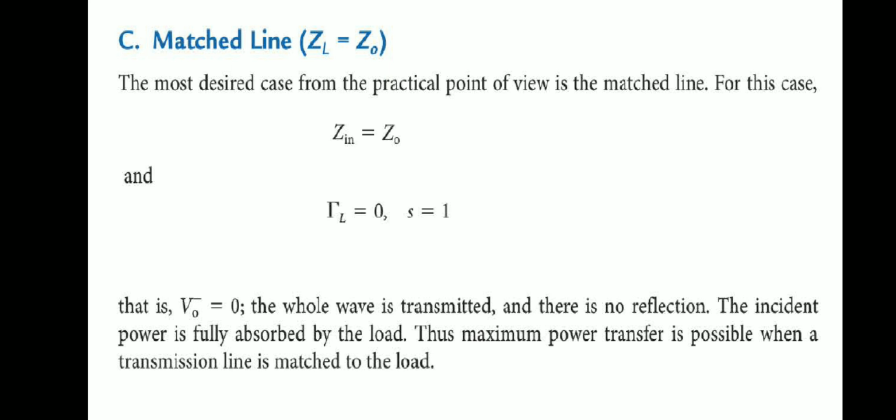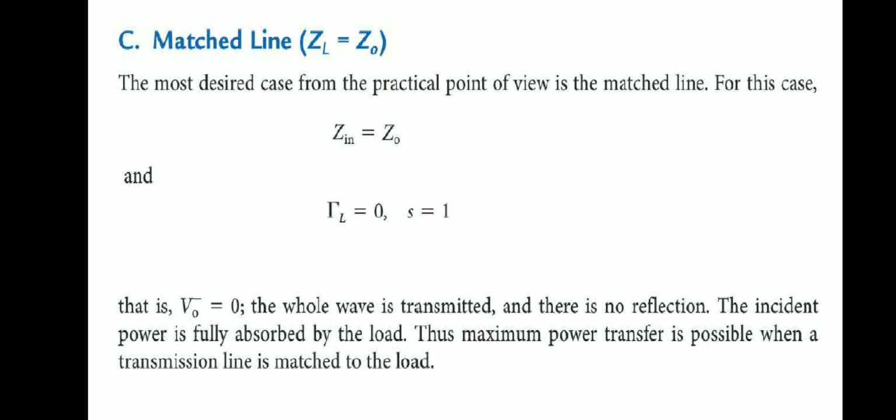So for a matched line, there is no reflection. The reflection coefficient is the ratio of reflected voltage to the incident voltage. If there is no reflection, then the reflected voltage becomes 0, so the ratio becomes 0. If it is a perfect match, then the VSWR is 1.